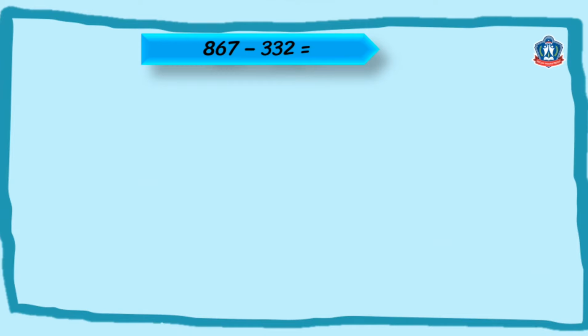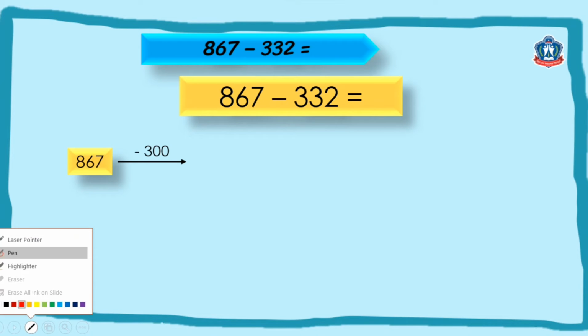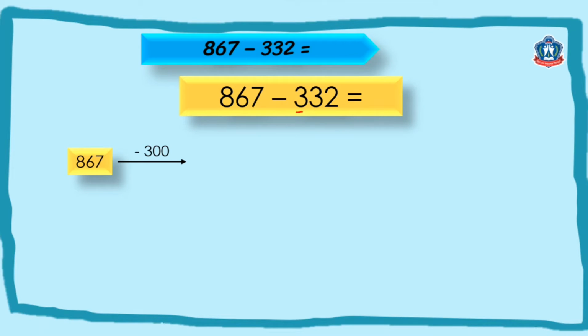Another way to subtract is like this. 867 minus 332. Let's subtract these numbers by place values. Let's start with hundreds. We have 867 minus 300 because we have 300 from 332. So we take 300 from 800, it will become 500, right? So 567. After that, we subtract tens, 30.